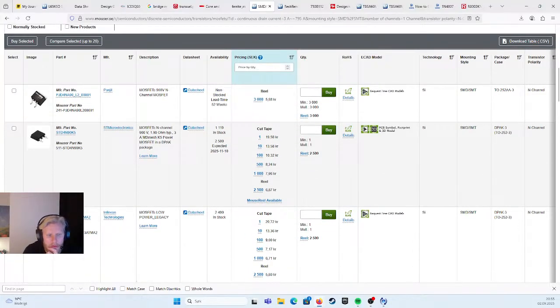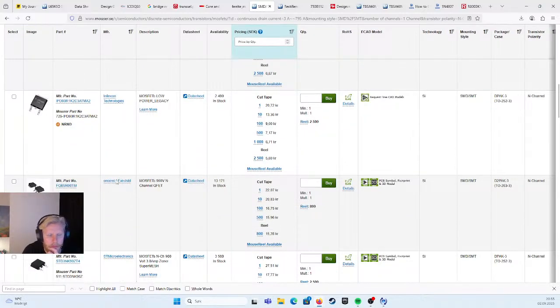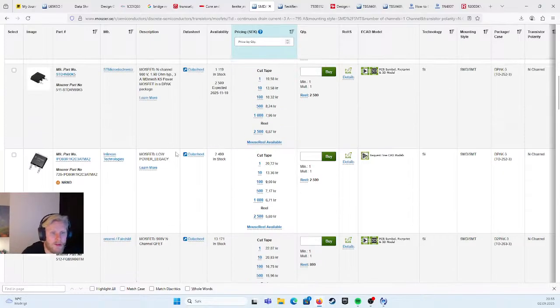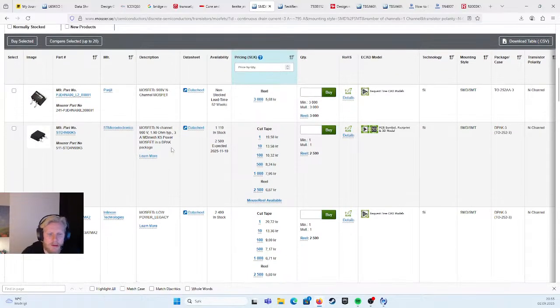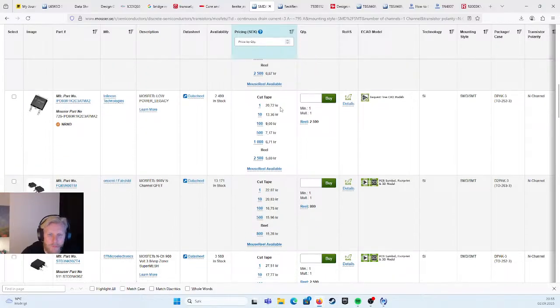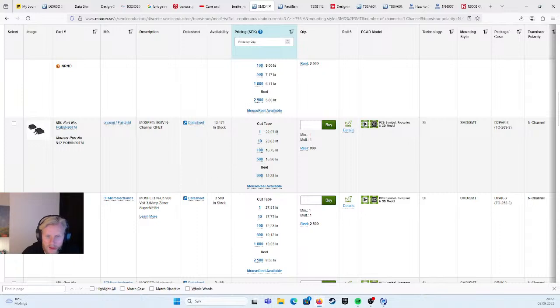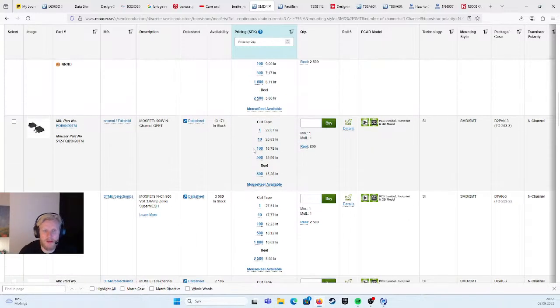Oh no, wait, this one, from onsemi. 13K in stock, 22 crowns. This one is way cheaper, but it's not recommended for new designs. That's a legacy component, I guess. Way cheaper in bulk. But yeah, I think maybe we just select this one. It doesn't look like it differs so much.